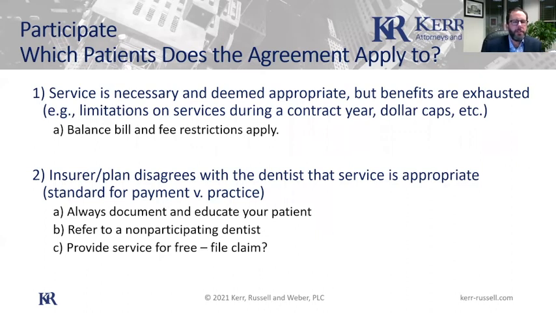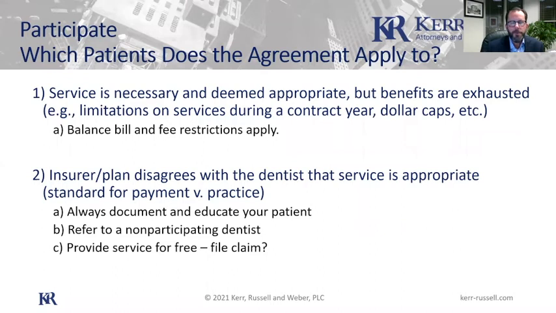Next, now this says at the top, which patients does the agreement apply to, it should say which services does the agreement apply to, because there are going to be times when the same service, the contract applies, and other times it doesn't. So first, the service is necessary and it's deemed appropriate by the dental plan or the insurer, but benefits are exhausted.